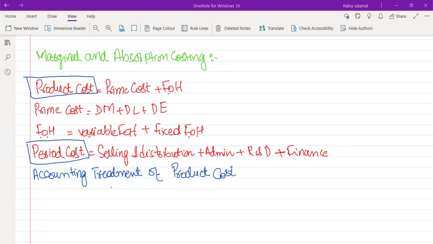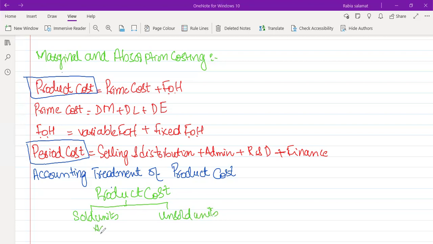Product cost is charged as sold and unsold unit cost. Sold units and unsold units.